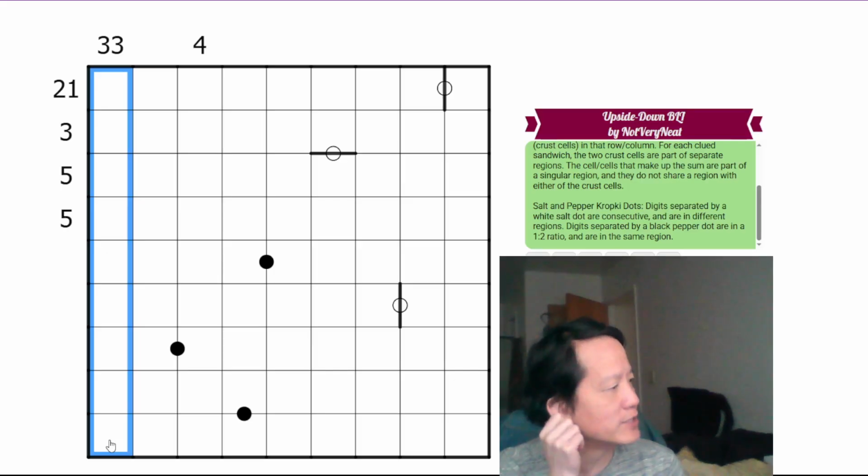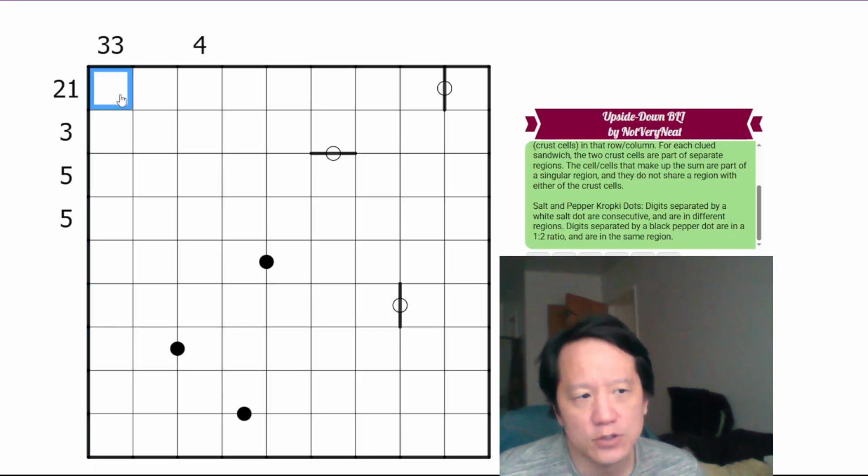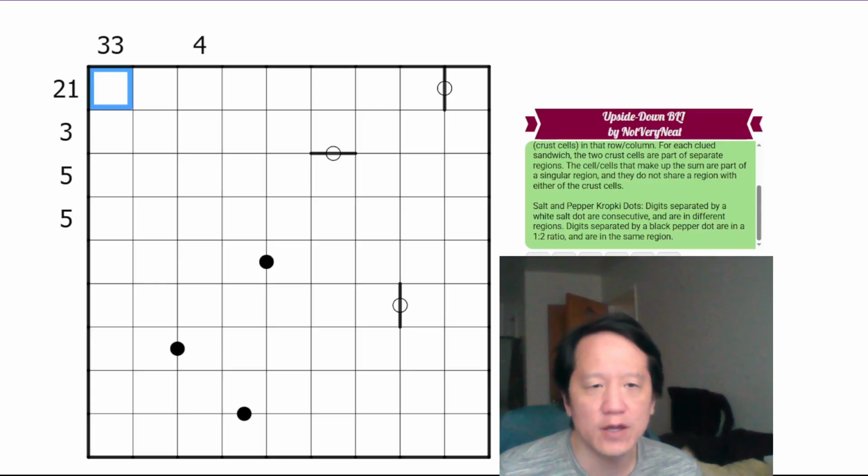So that means between the 1 and 9 we must have every digit except for the 2. So the inner area here must all be non-crust. And the outer area, we know this is all one region actually.